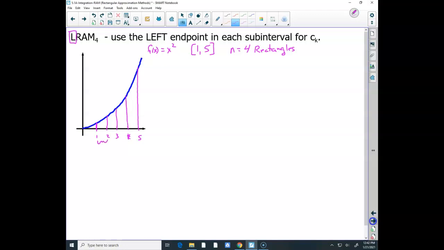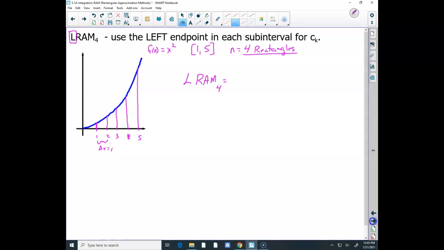So here is my delta x equals 1. Okay? So if I'm finding a left RAM, remember, that means we need 4 rectangles. If I have 4 rectangles, I have 4 different rectangle heights.